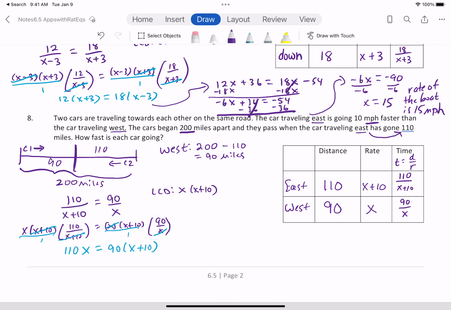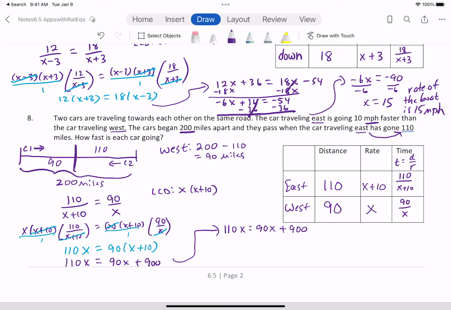Alright, so now we just need to solve this. So I'm going to distribute: 90 times x is 90x plus 90 times 10 is 900. This is a linear equation again. The highest variable exponent is 1.